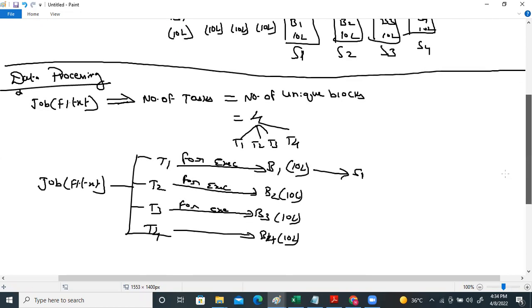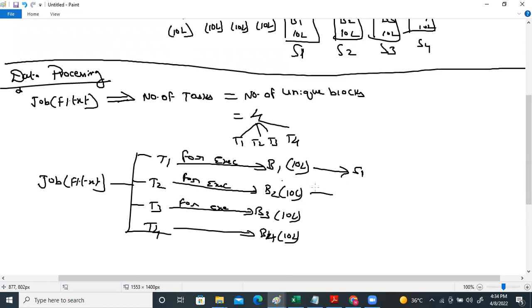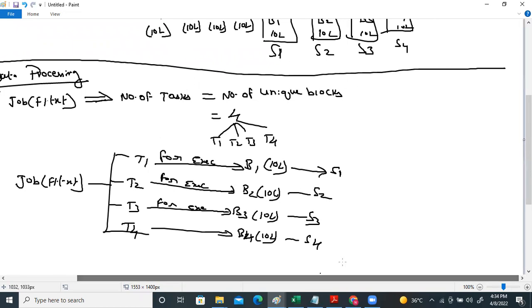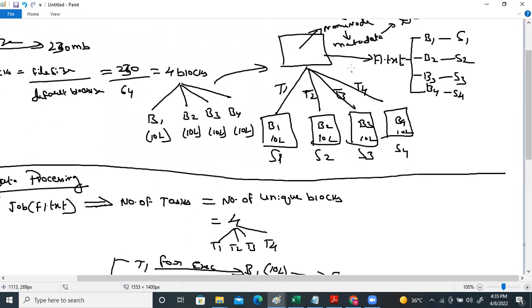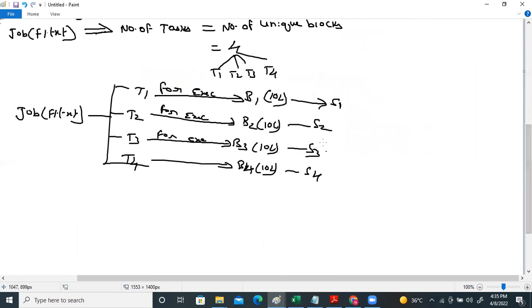So T1 by S1, T2 by S2, T3 by S3, T4 by S4. Four tasks are executed by four slaves parallelly.